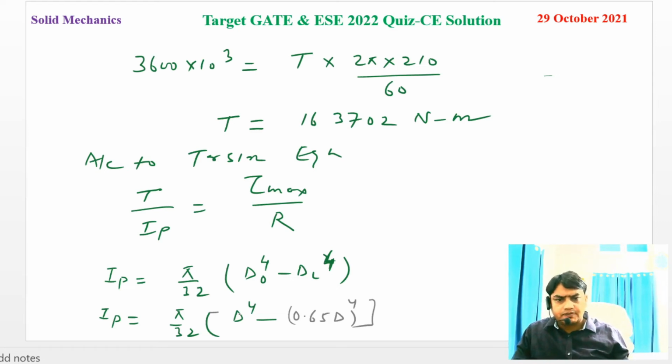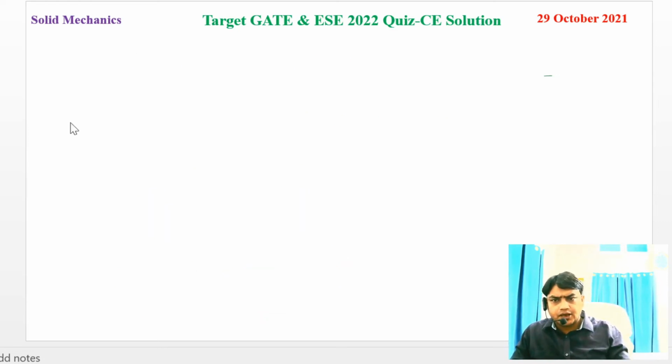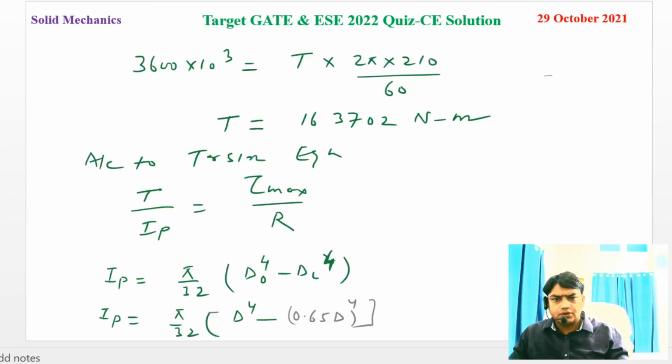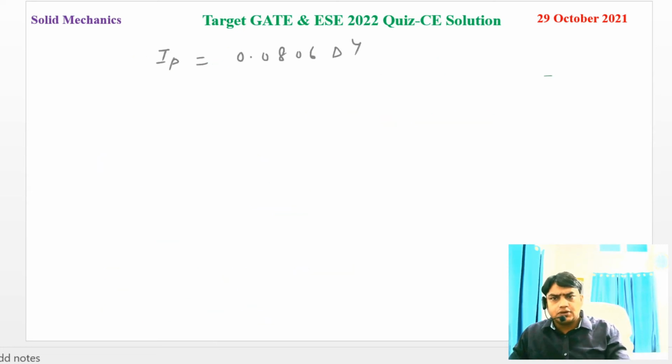So Ip is equal to 0.0806 D to the power 4.